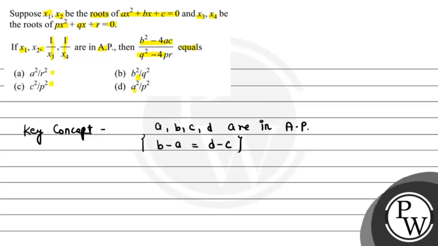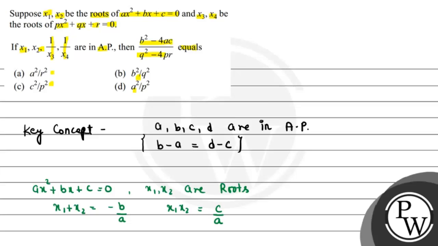In this question we have been given two quadratic equations. The first quadratic, ax square plus bx plus c is equal to 0, has two roots x1, x2. Here we have the property that the sum of roots x1 plus x2 is equal to minus b upon a, and the product of roots x1 x2 is equal to c upon a.